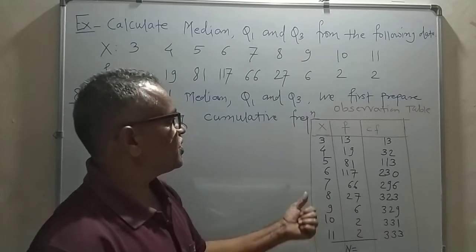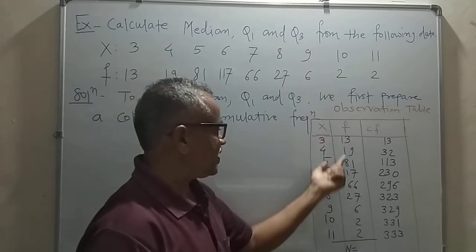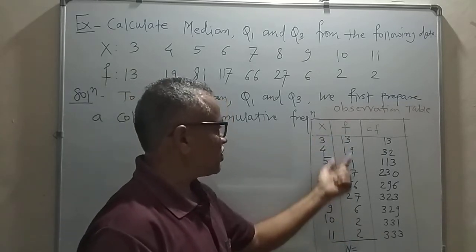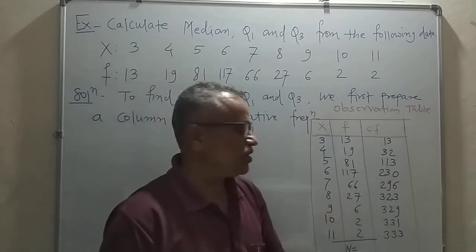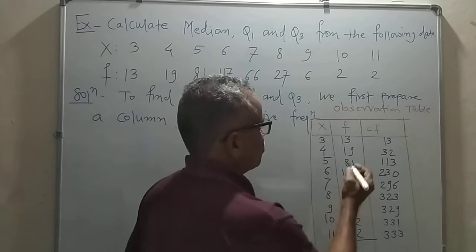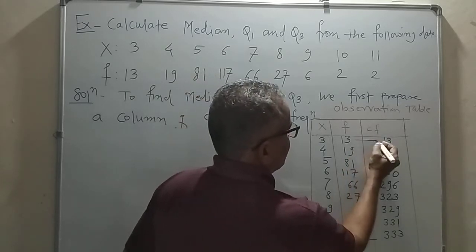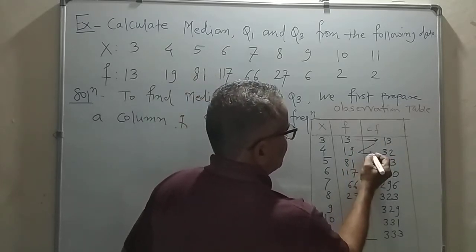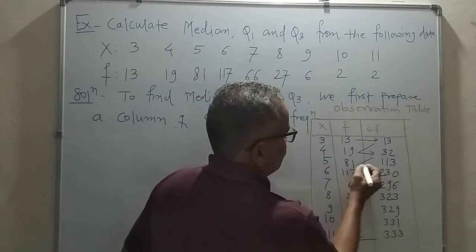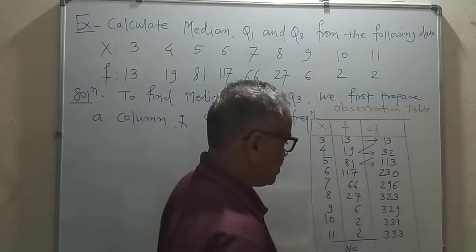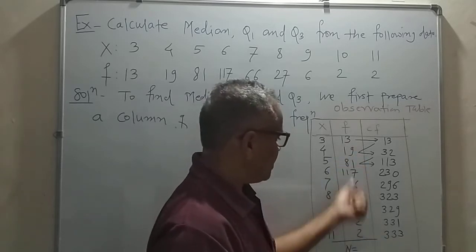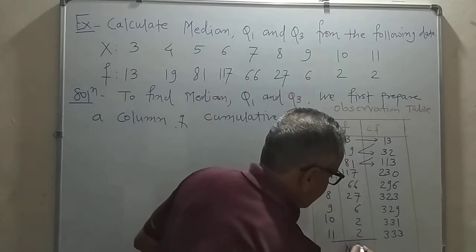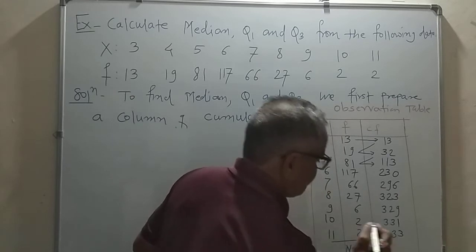In the observation table, we write the given data in two columns, x and frequencies, and then prepare a column of less than cumulative frequency. So 13 as it is, 13 plus 19 is 32, plus 81, and so on. Here we get the cumulative frequencies. The last value is nothing but the sum of the frequencies, that is 333.